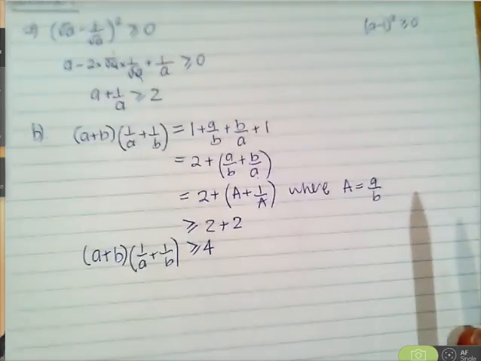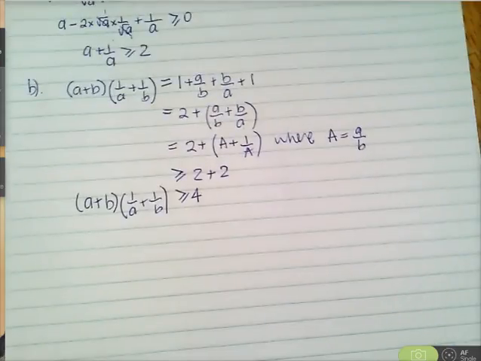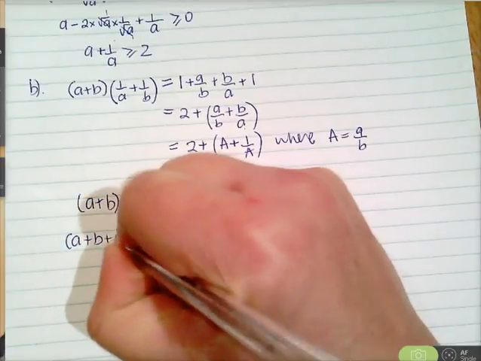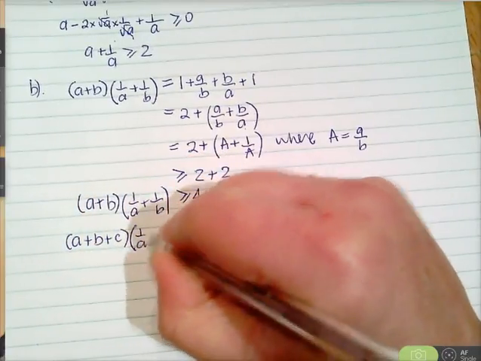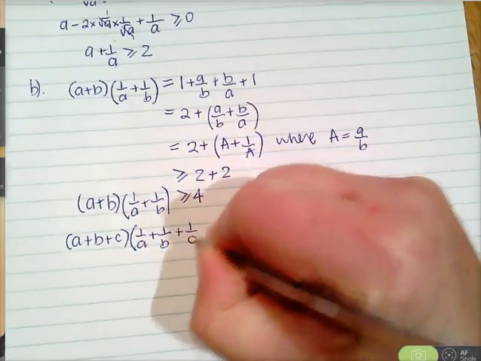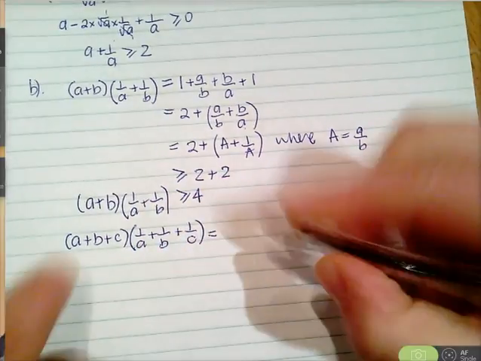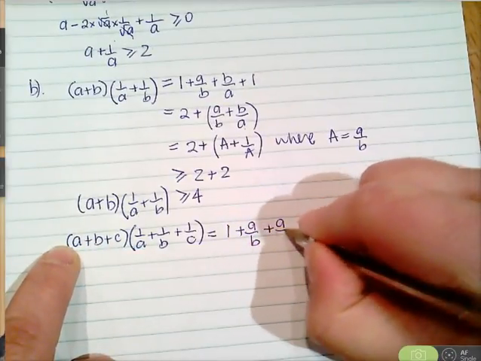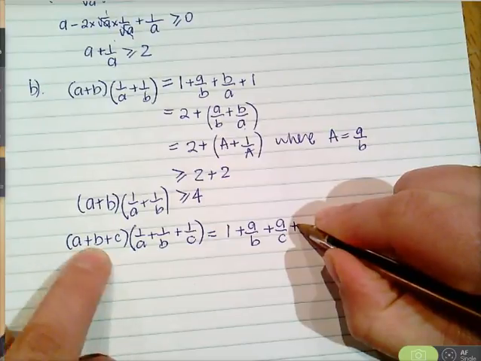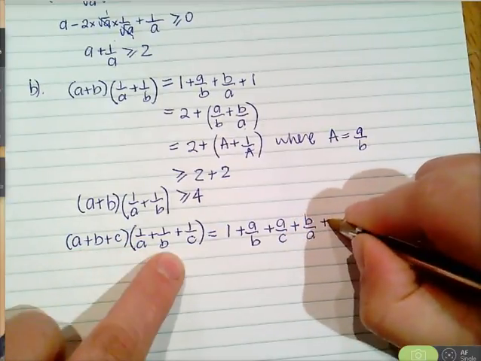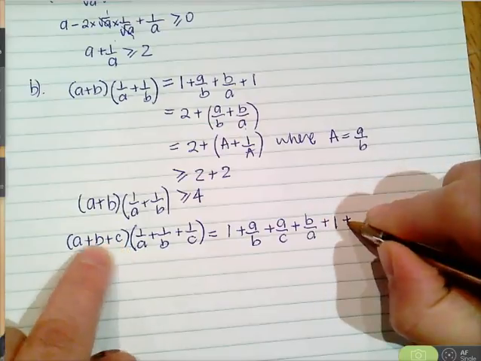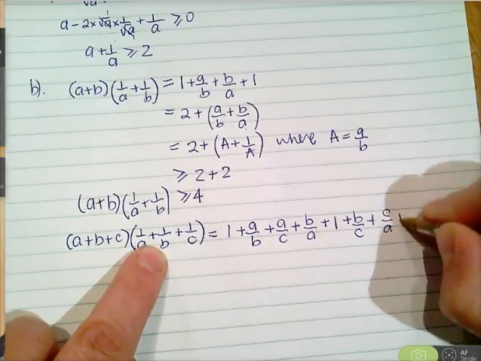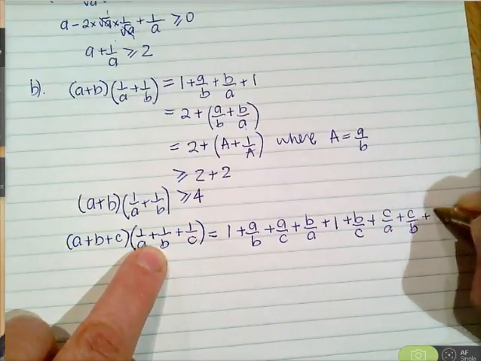So that's still part of part B. Now we just start off with the left-hand side, A plus B plus C times 1 on A plus 1 on B plus 1 on C. You can expand that and you would get 1 plus A over B plus A over C plus you would get B over A plus B over B, which is 1, plus B over C, and then you would get C over A plus C over B plus C over C, which is 1.